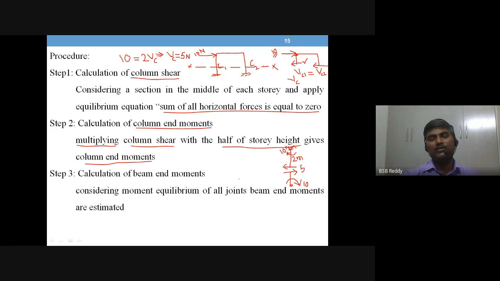Just to remind you, the calculations are just like kindergarten calculations, just multiplications, subtractions, divisions, additions. The only thing you need to do is make sure that the stepwise calculation and sign conventions are followed with full clarity.